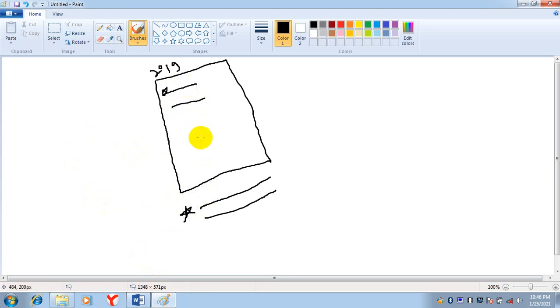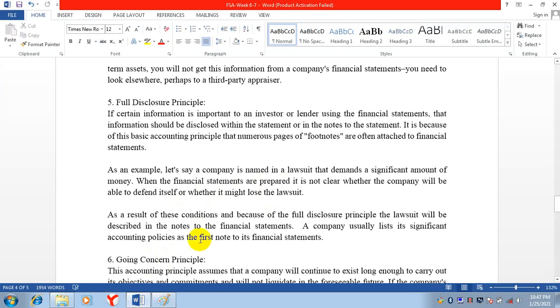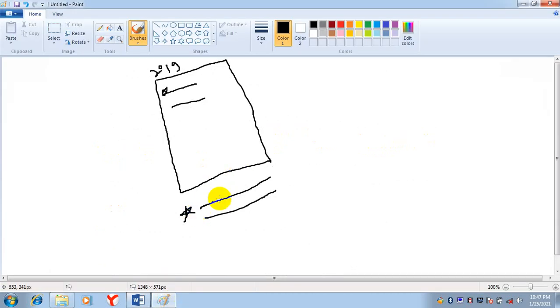Below the income statement, balance sheet, and cash flow, there is some theoretical writing. These writings are basically footnotes. It is because of this basic accounting principle that numerous pages of footnotes are often attached to financial statements. When you see a financial statement, below it there are some notes attached, two or three pages of notes.